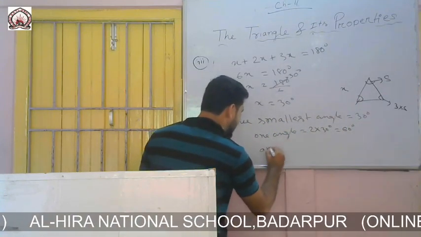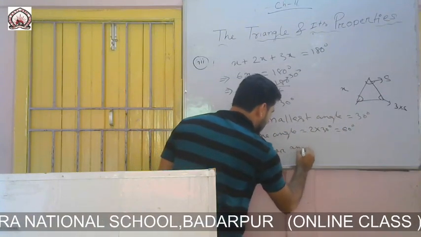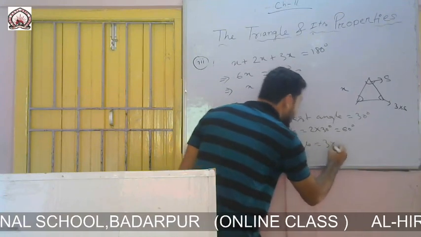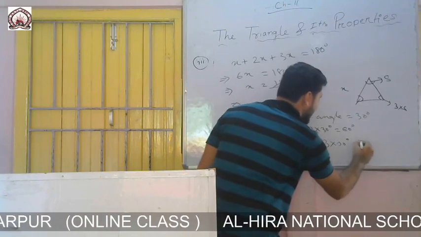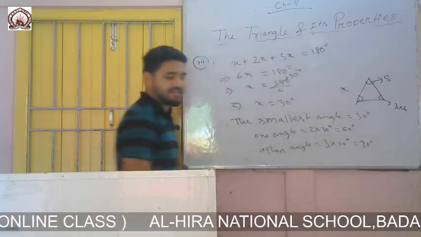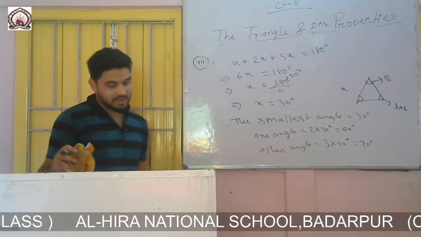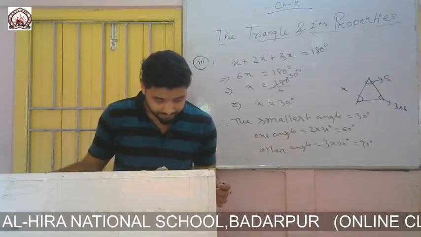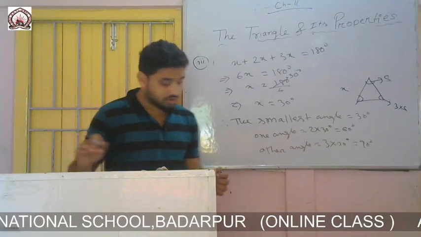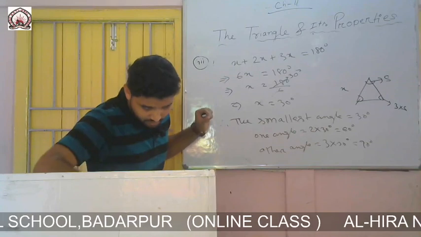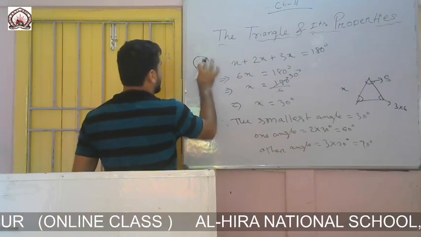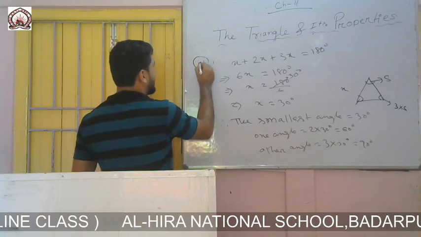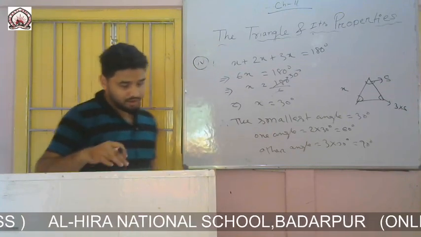And the other angle is 3 times the smallest angle. You can write 3 3s are 9, 90 degree. So that is the answer. It is the answer of question number 4.